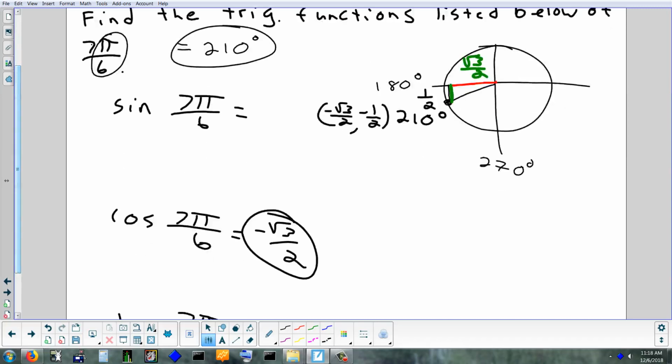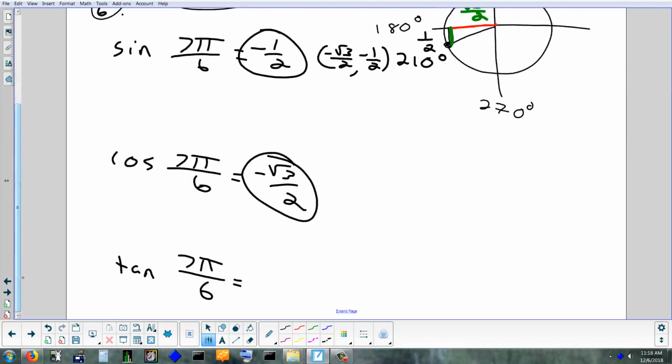So remember, cosine is x, sine is y. And my tangent, Madison, how do I get my tangent? Divide them. Divide the y by the x. Well, when I divide them, what cancels out? The 2's and the negatives. So when I divide them, I'm left with 1 divided by the square root of 3.